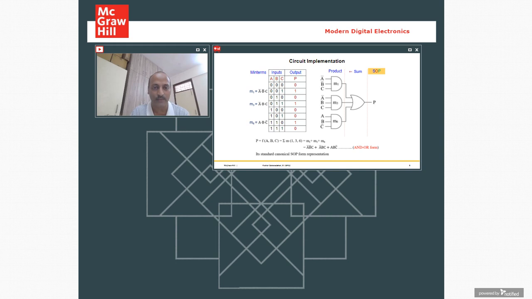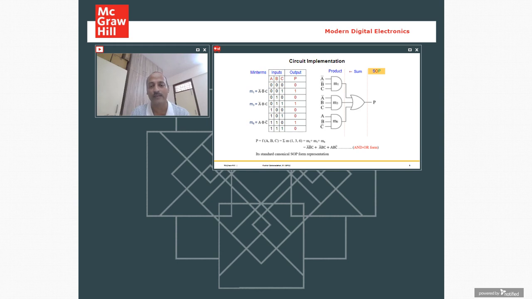So in the first case, when A is 0, we have to turn it into 1, so we will write A bar. When input B is 0, it is turned to 1, and C is already 1, so nothing is to be done. And taking the product of all these terms, the output P is equal to 1. This is called a minterm, and minterm M1 is equal to 1.